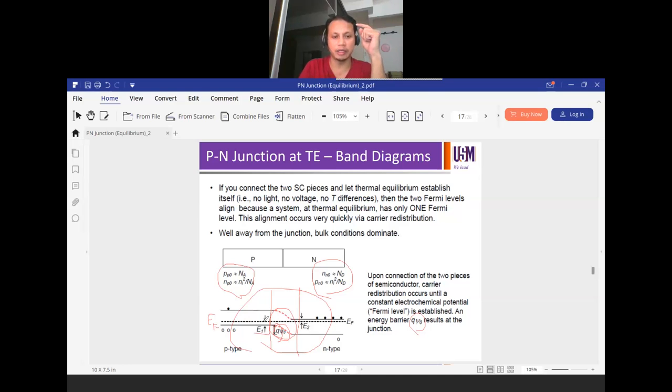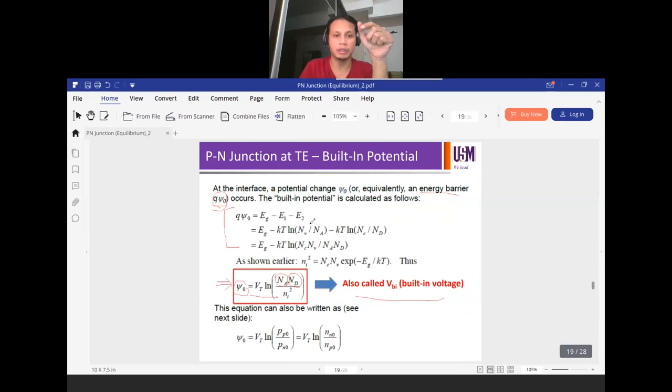You have E1 here, the distance between your EF and EV, and this one is the distance between EF and CB, and then you minus with the band gap EG, then you're going to end up with EG minus E1 minus E2. You can work out yourself, but most importantly you have to know that this is the final equation that you have to use for Vbi.